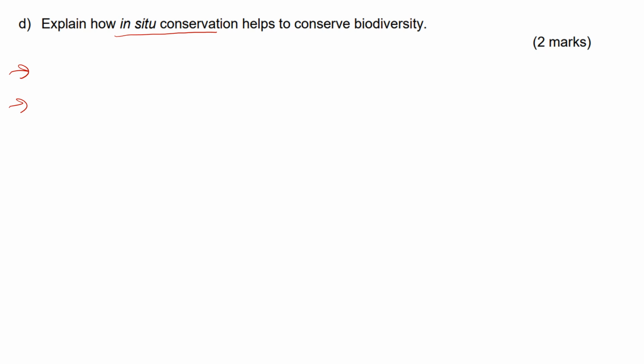We have the Kuala Gandah Elephant Sanctuary, for example. You could list out all these different natural parks or sanctuaries for the second mark. These natural parks also serve recreational purposes. They can be a site for tourists to visit also.